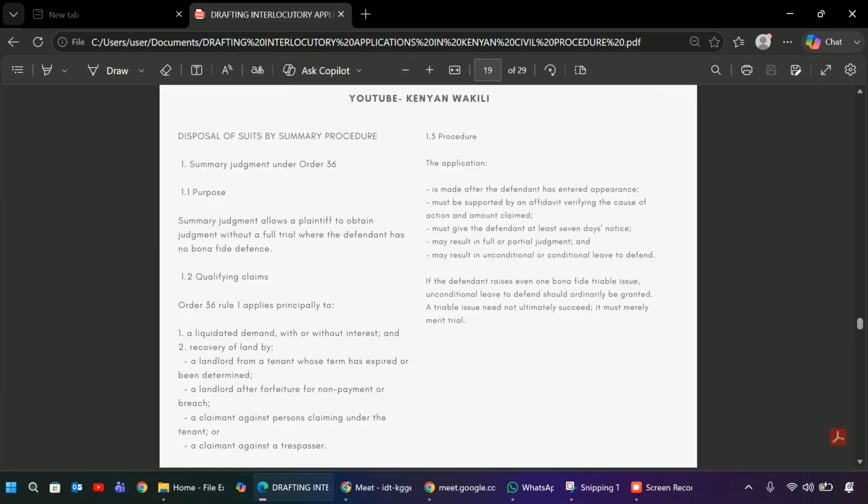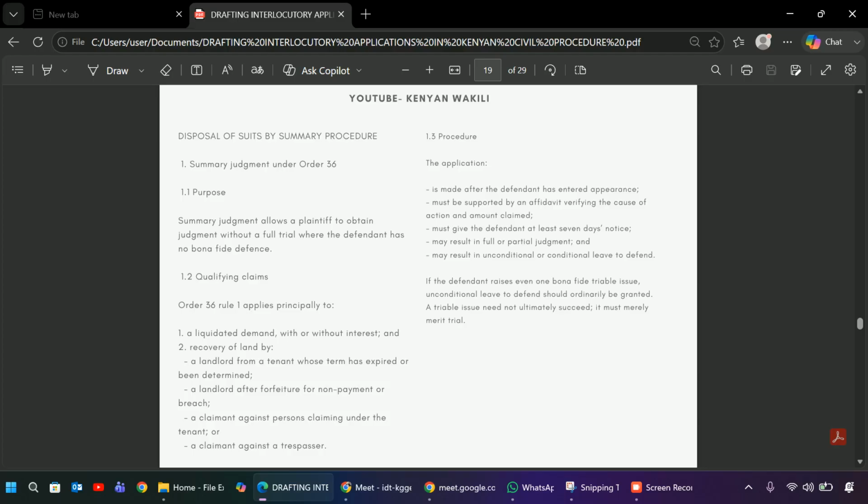Okay, so the procedure is that this application is made after the defendant has entered appearance. It must be supported by an affidavit verifying the cause of action and amount being claimed. It must give the defendant at least 7 days notice. It may result in full or partial judgment and may result in unconditional or conditional leave to defend.